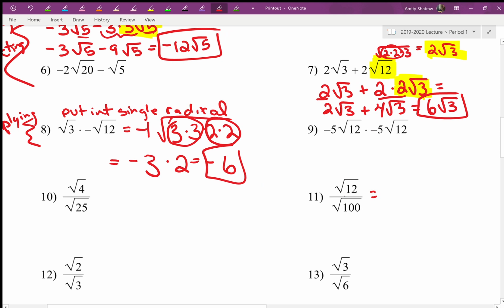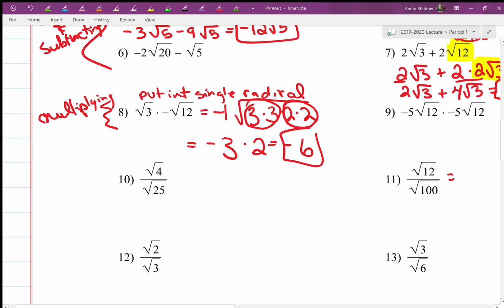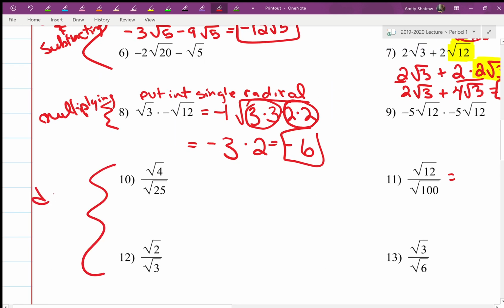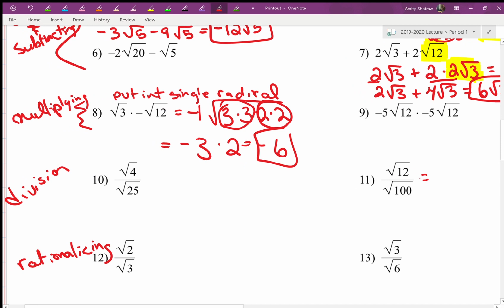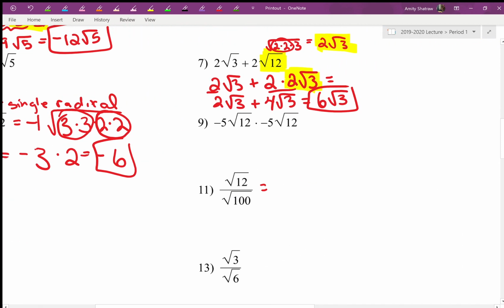So looking at this, I have division going on. In fact, all 4 of these are division. But honestly, these last 2 need rationalizing. So first thing I would say is that I think about it as if this was just 12 over 100. And if this was 12 over 100, I'm pretty sure that both of those numbers are divisible by 4. So I'm going to divide by 4, and I'm going to see what I get. 12 divided by 4 is 3.